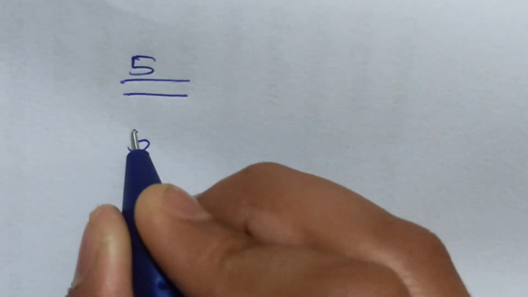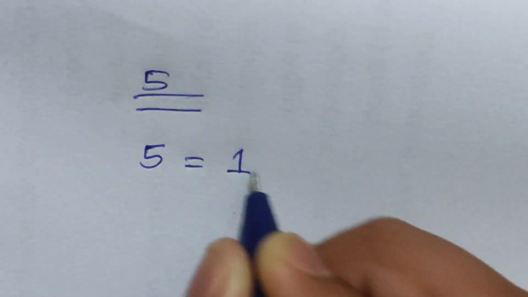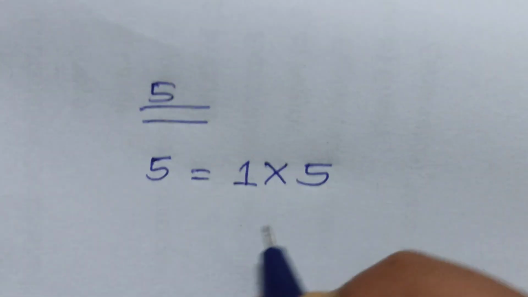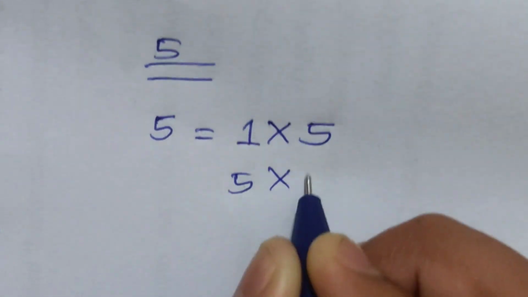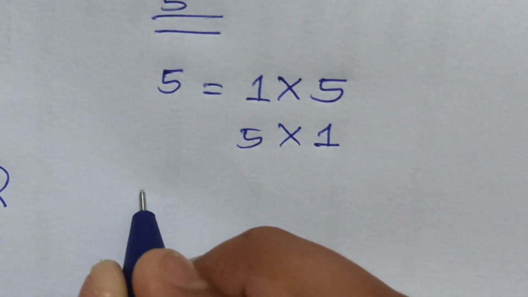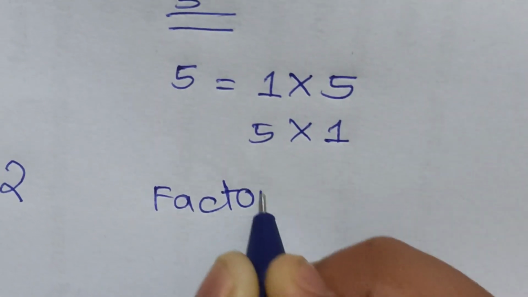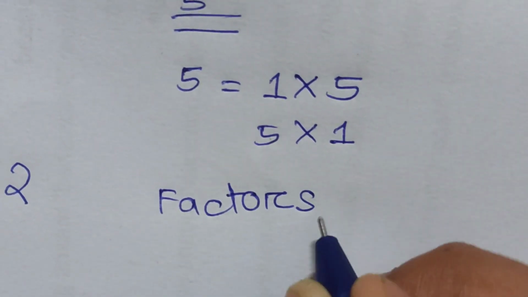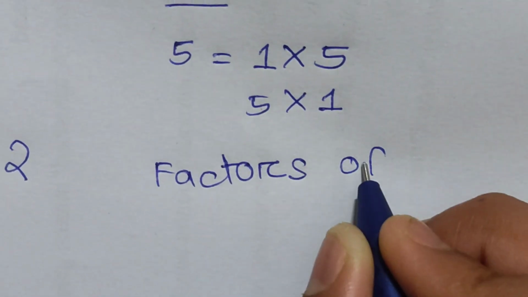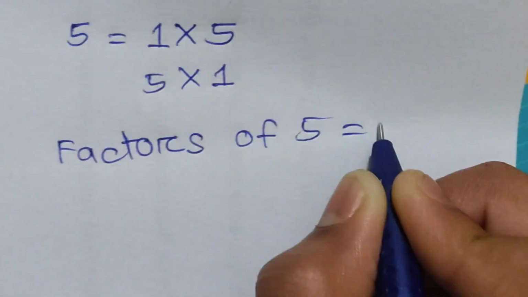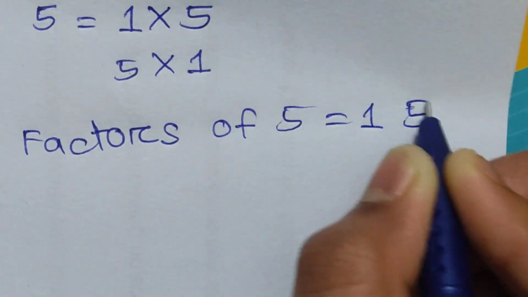Then let's find the factors of 5. What are the different possibilities? Let's see. 5 equals 1 into 5 and 5 into 1. So the factors of 5 are 1 and 5.